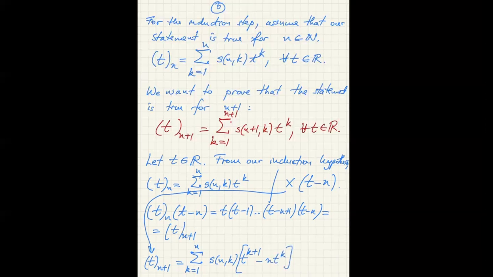Okay. So let's rewrite what we have. We have this on the left-hand side, and on the right-hand side, we have a sum from k equals 1 to n of S_{n,k} times T^{k+1} minus n T^k.